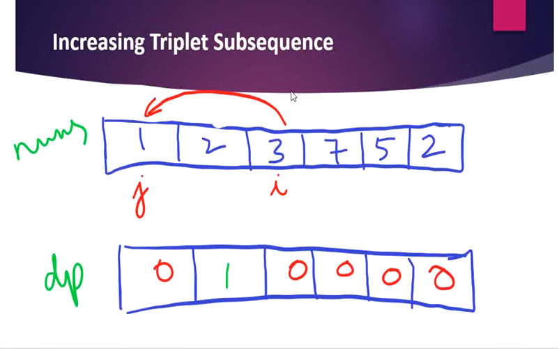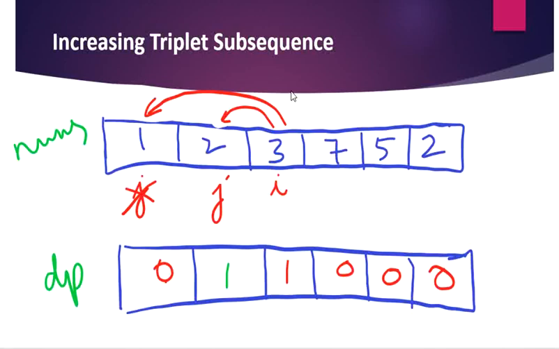The length at 1 was 0, and at 3 it is 0 again, but from 1 to 3 we can form a subsequence. So I'm updating the length up to 3 as 1. Now we have updated the length to 1. Now j moves to index 2, and it checks whether 3 is greater than 2 or not.